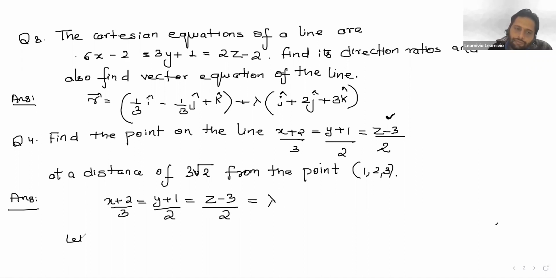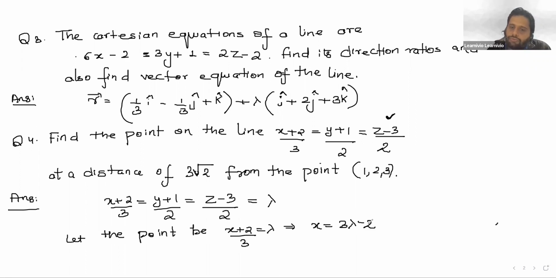Let the point be B. (x plus 2) by 3 is equal to lambda, so x is equal to 3 lambda minus 2. Whenever you have to assume a point on a line, always compare that with lambda, then find the value of x in terms of lambda. Similarly, (y plus 1) by 2 is equal to lambda, so y is equal to 2 lambda minus 1.